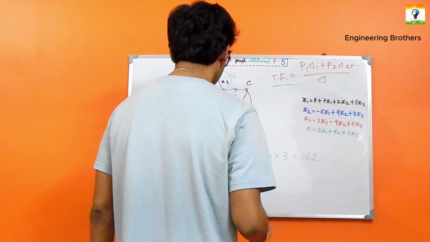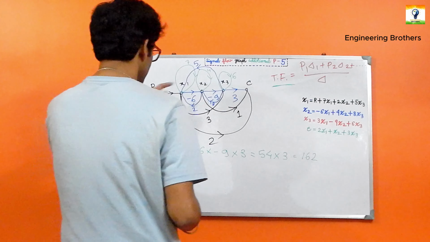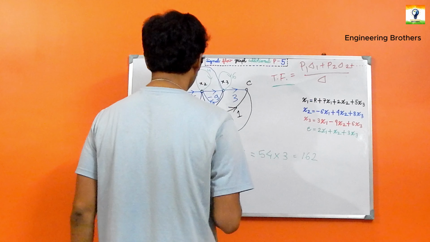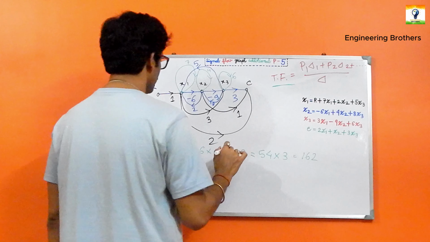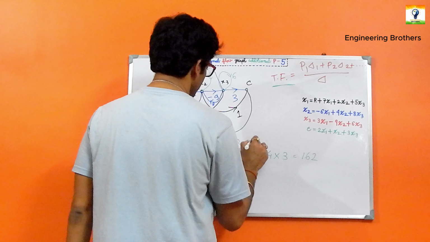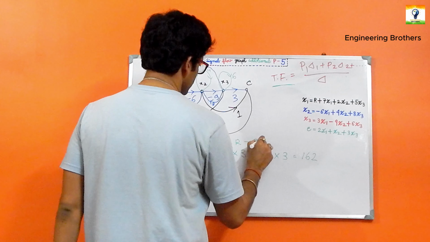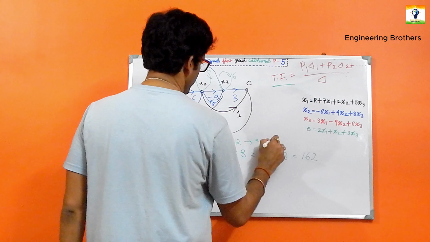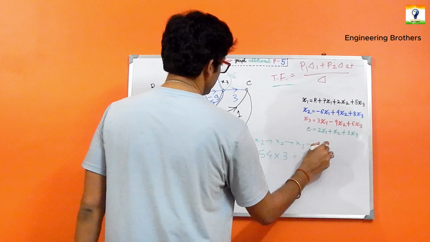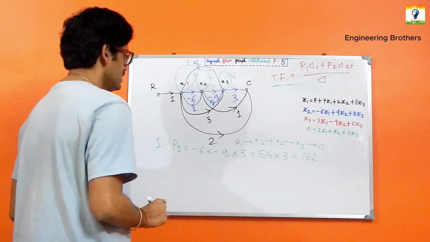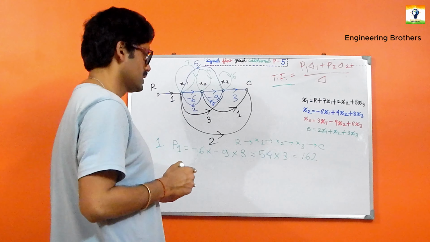And what is the path from our input to output? The path for that forward path will be from R to X1 to X2 to X3 and then C. Okay, this will be our first forward path.